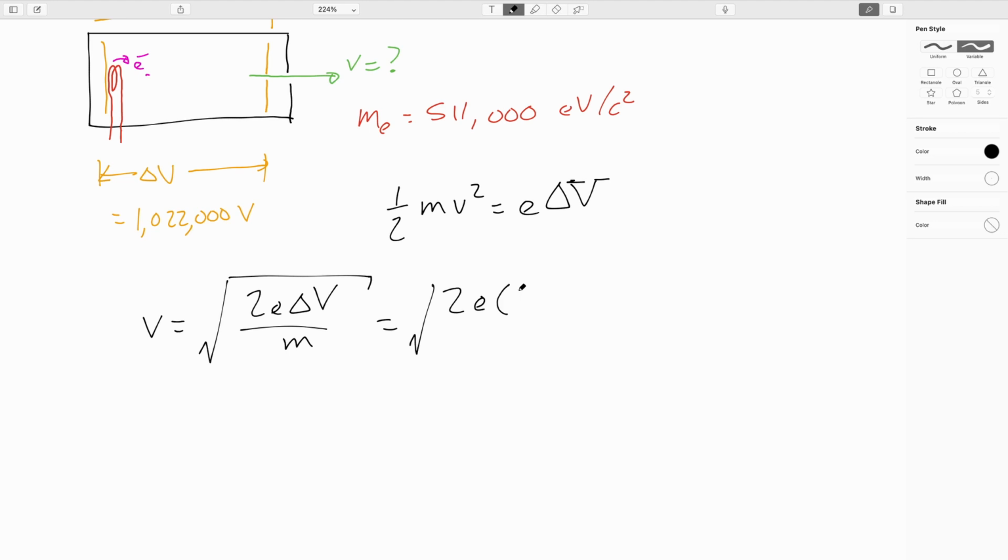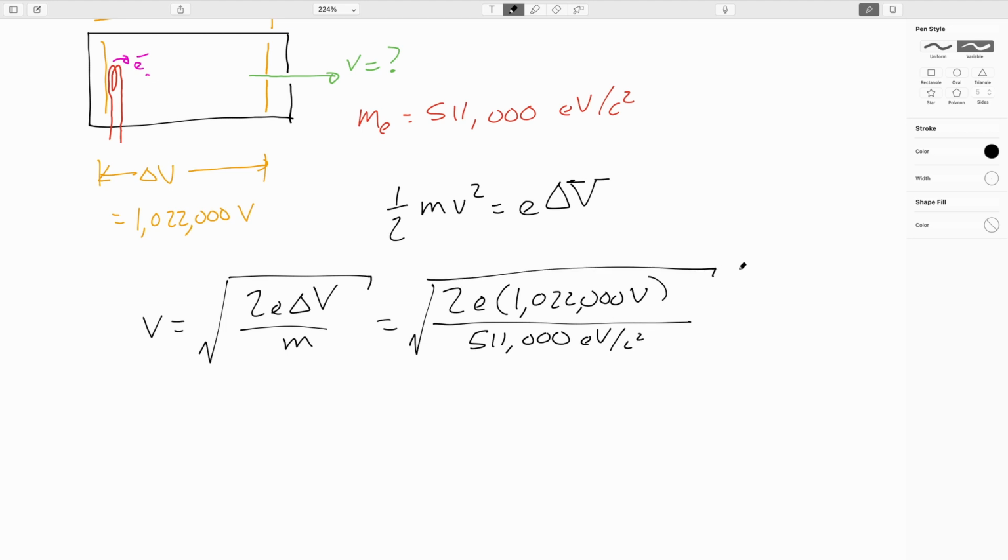For the voltage, we will put in our 1,022,000 volts. And then we will divide by our mass of 511,000 eV per c squared. So what's going to happen here? Well, we're going to be canceling the e in the unit here against this e for the charge of the electron.